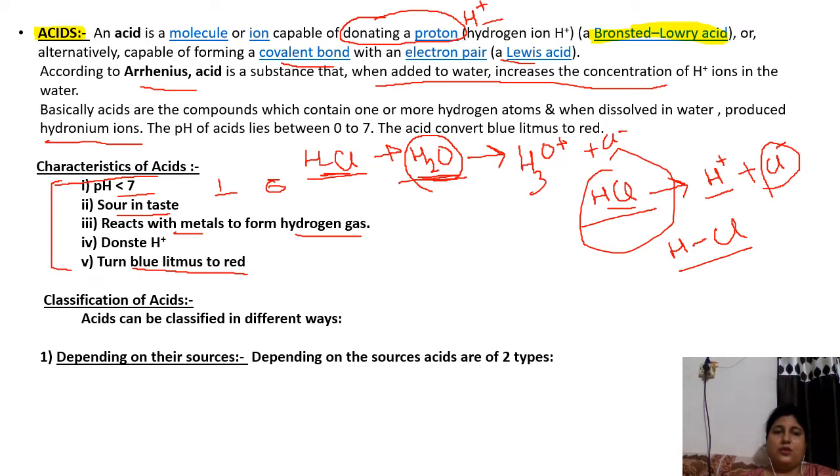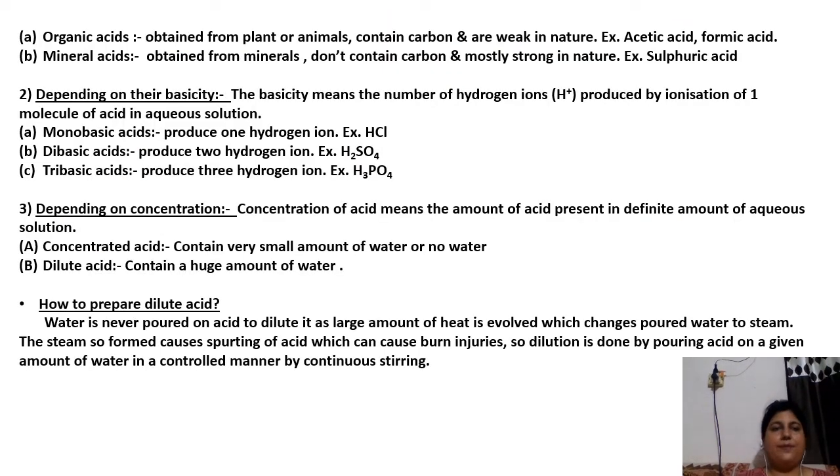Now, the classification of acids. There are different criteria for the classification of acids. Depending upon the sources, acids are classified in two categories. Number one, organic acids, and number two, mineral acids.